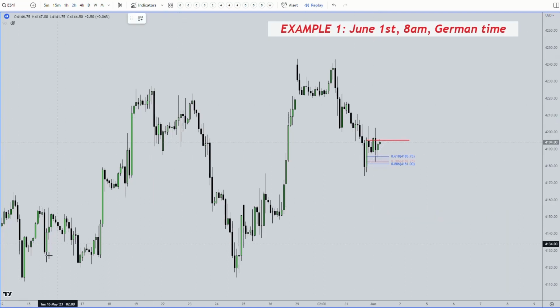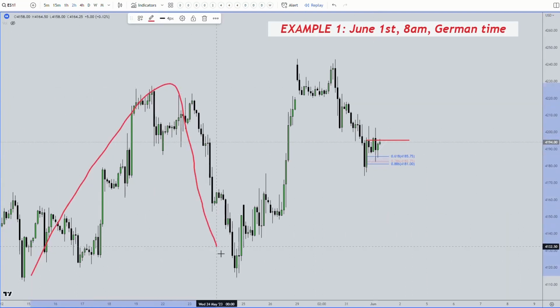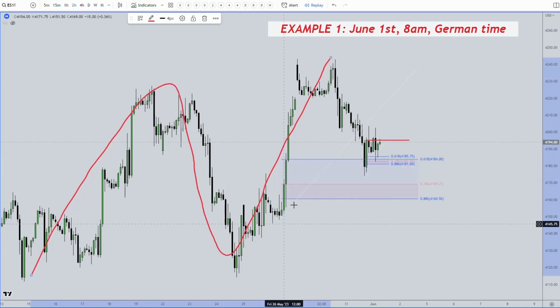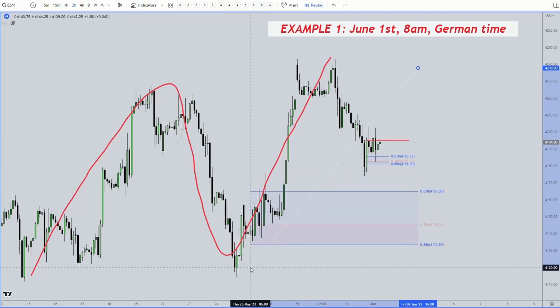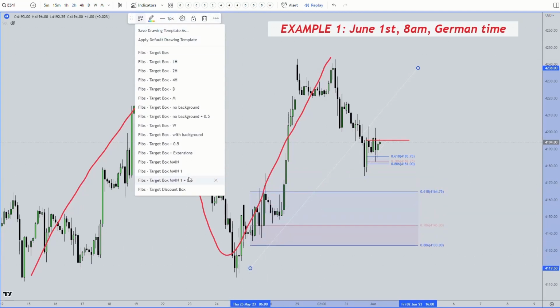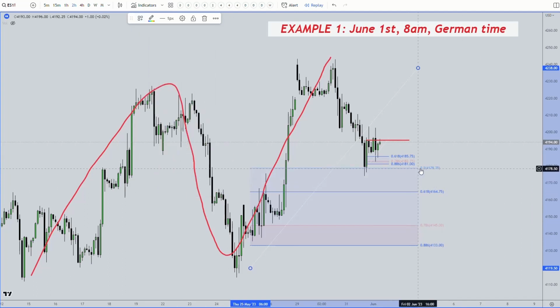All of that in the context, of course, of a bigger 2-hour uptrend and supported by price also entering this bigger picture target box, or if you pull it back to here, still touching the 618, and even if you pulled it from all the way down here, we still would have been within a discount area, touching the 0.5 fib.